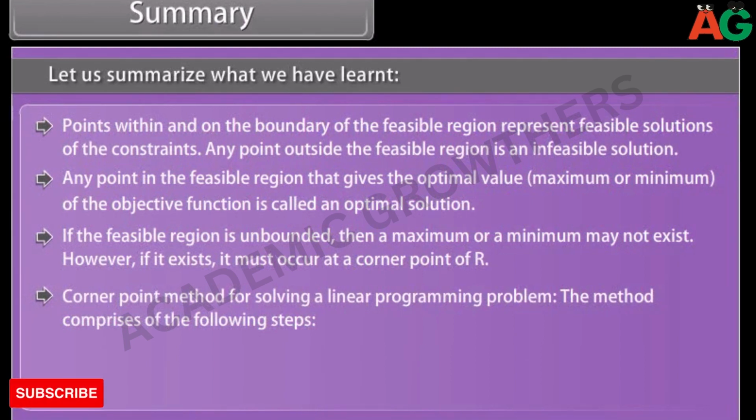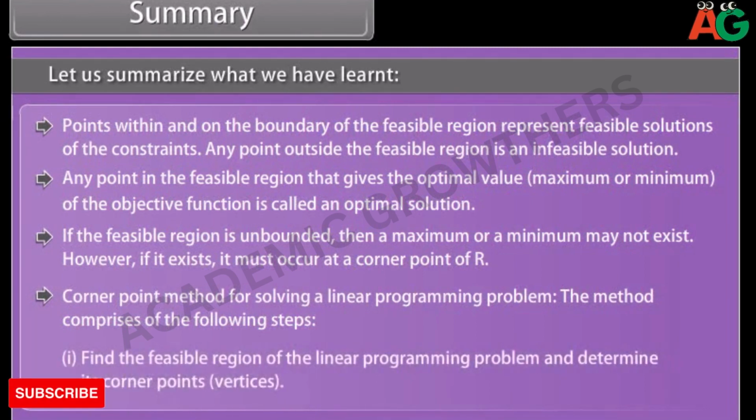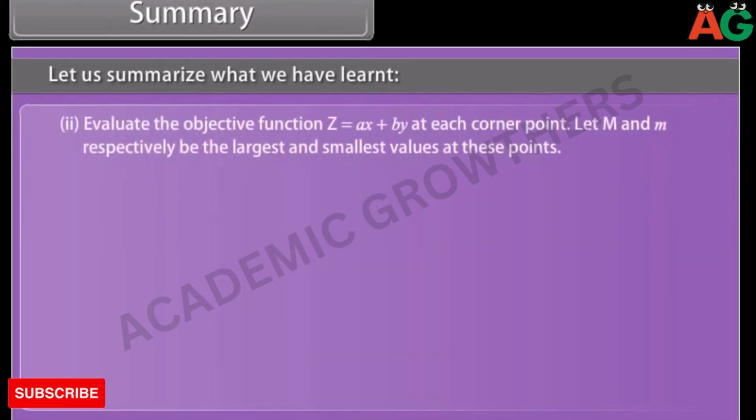The method comprises the following steps. 1. Find the feasible region of the linear programming problem and determine its corner points, vertices. 2. Evaluate the objective function Z equals ax plus by at each corner point.